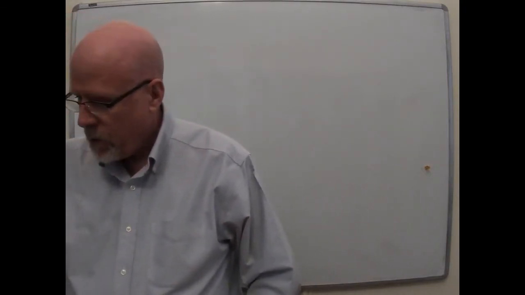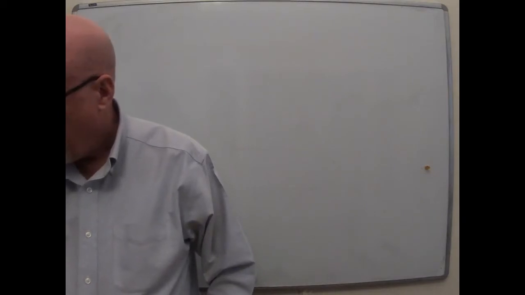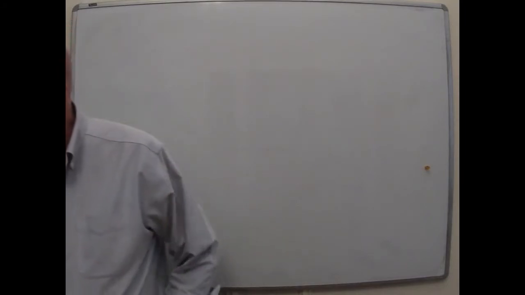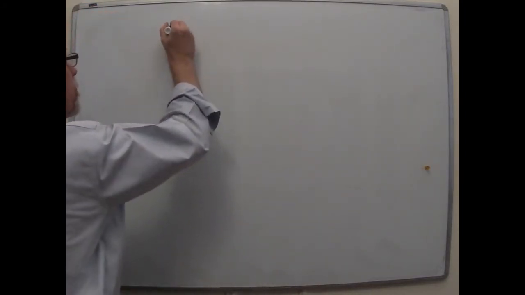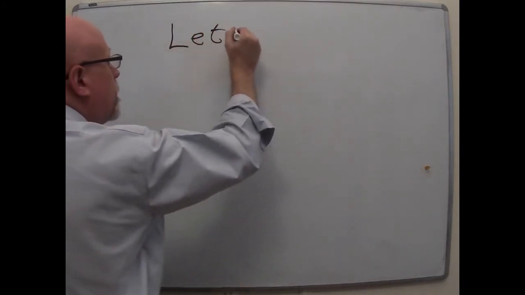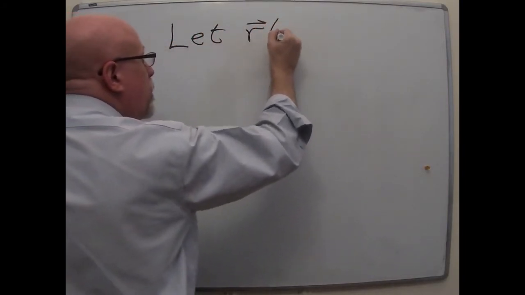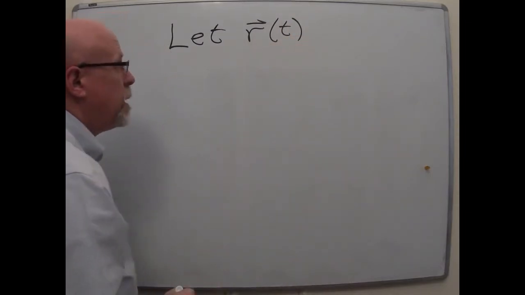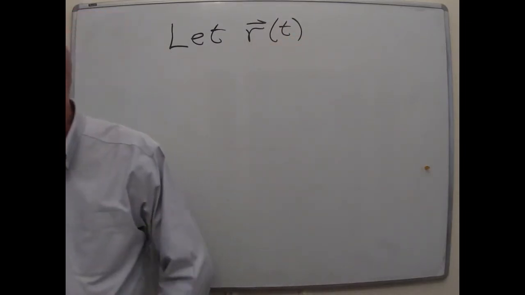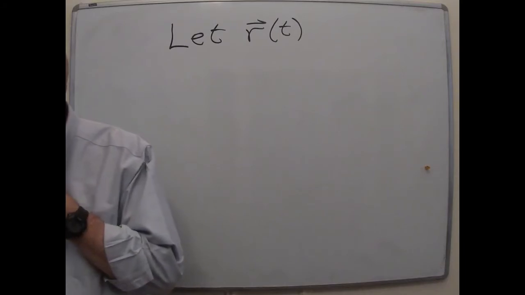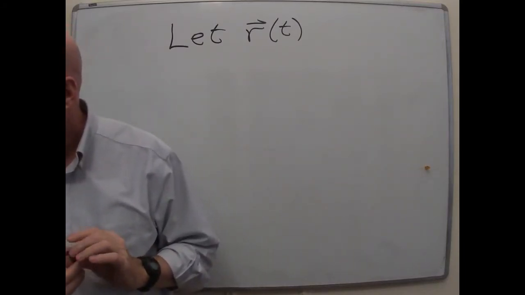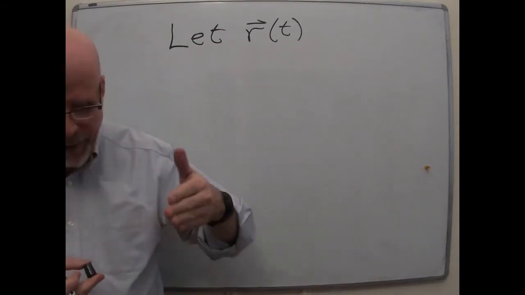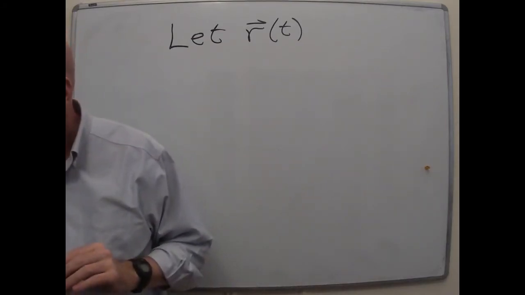To get started on this stuff in a more formalized way, we'll first need to introduce the unit tangent vector. So we're going to start with a space curve, a vector function of a parameter t. I won't in any of this need the coordinates or the components of this vector, so we'll just keep calling it r of t. We don't need to talk about the x, y, and z pieces of it.